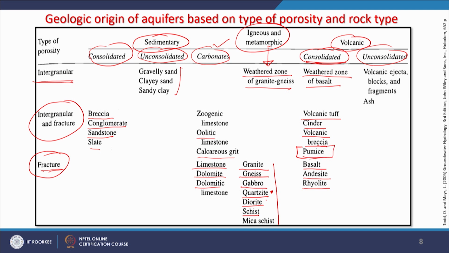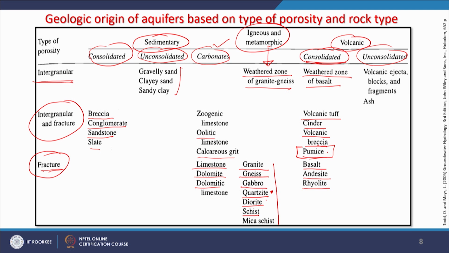Pumice is used in India, at least I know that it is used to scrub our skin, because it is a very light rock and it is quite rough in that sense. Because of large pore spaces where the gases have escaped, it becomes very light. So, it is used in our bathrooms to rub our skin.